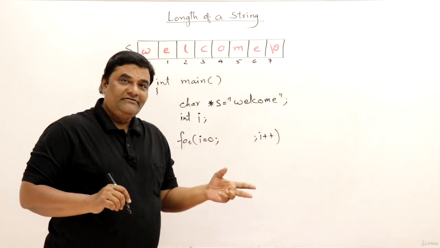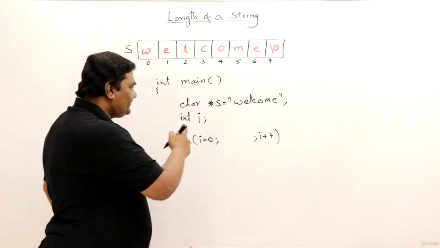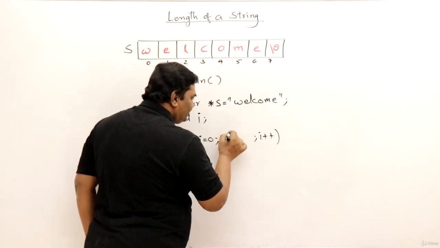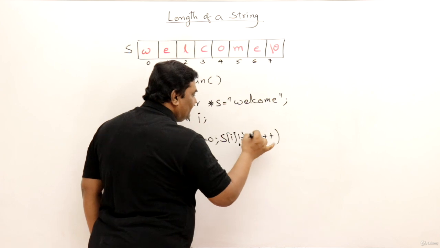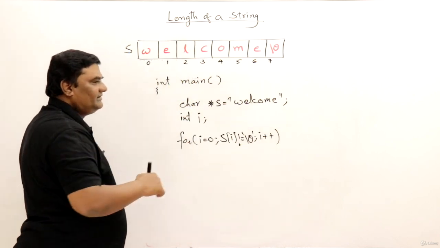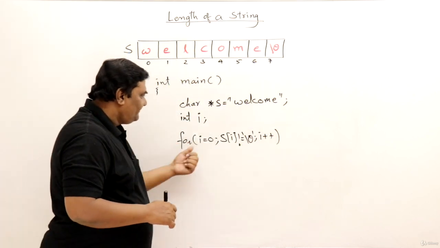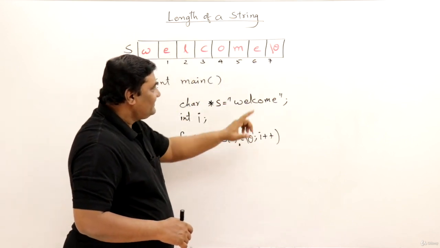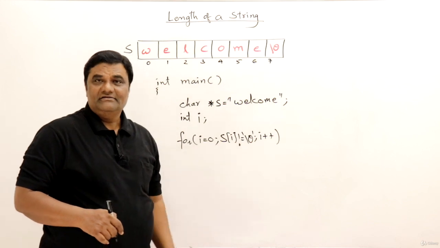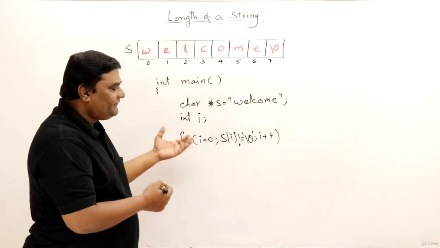So if it is not equal to the null character, I should continue. So here the condition should be S of i not equal to null character. That's it. This for loop will start from 0 and go on incrementing, and it will stop when it has reached the null character. So this is the for loop.